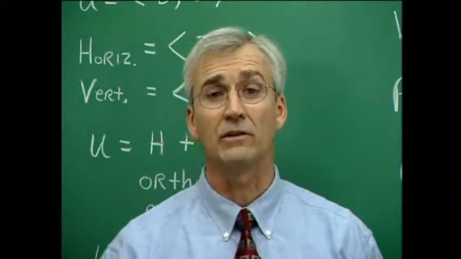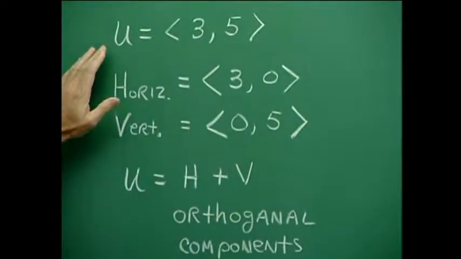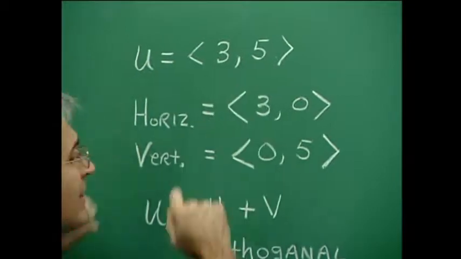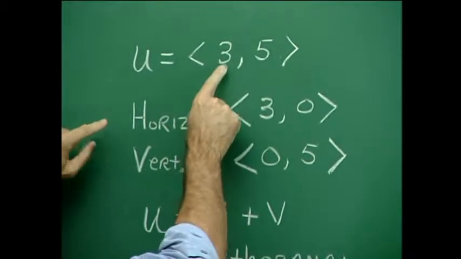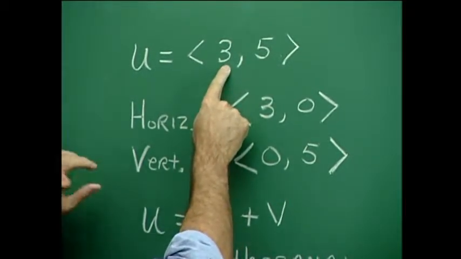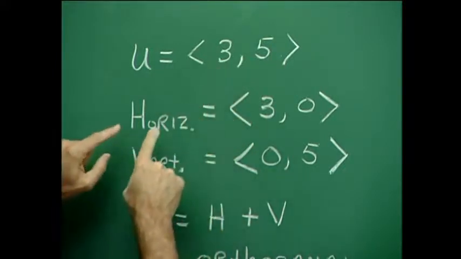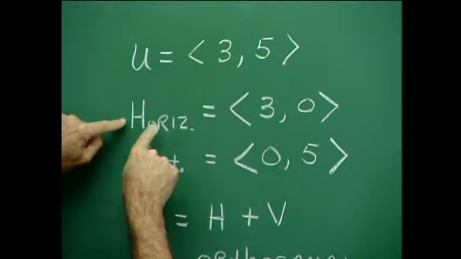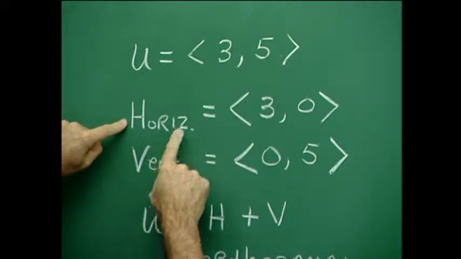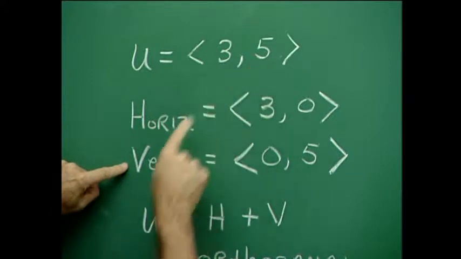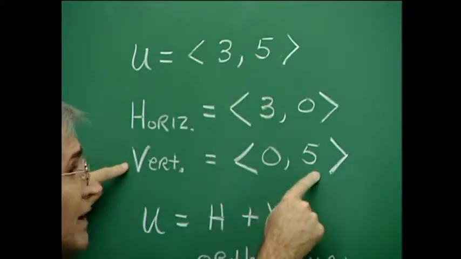Take a look at this pattern. Suppose we start with a vector u, which in component form is 3, 5. If we think about the horizontal component 3 as a vector, it could be written in component form as 3, 0, and the vertical component could be written as 0, 5.